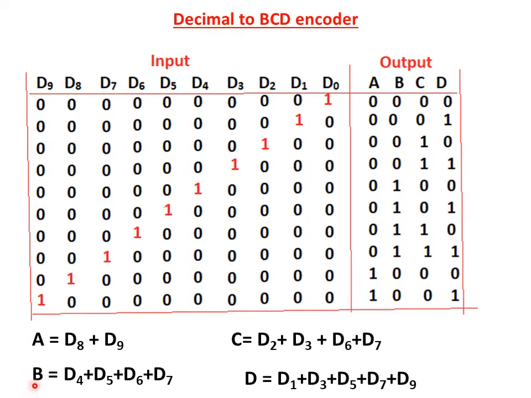We are writing the expression for B. For C, the high outputs are D2, D3, D6 and D7. Similarly, for D output, D1, D3, D5, D7 and D9. So based on these expressions, we are going to draw the logic diagram.